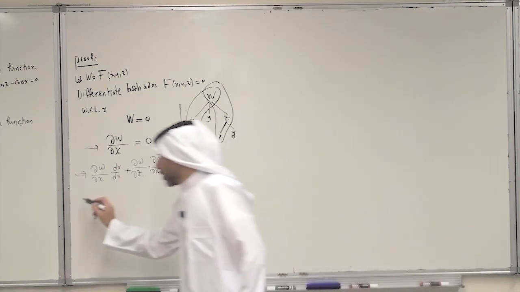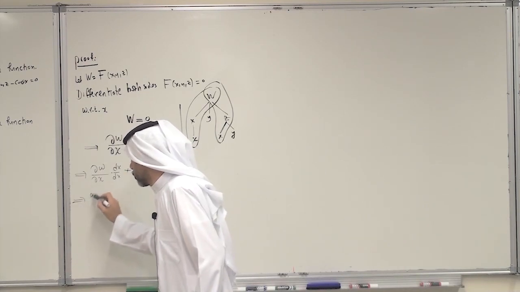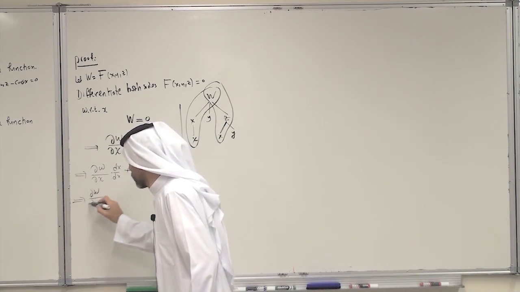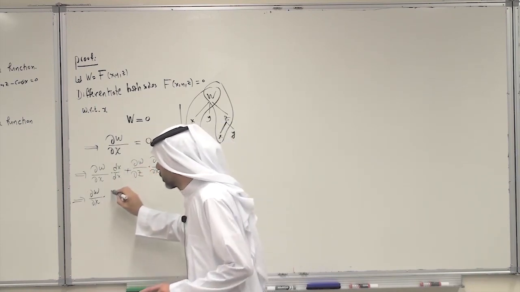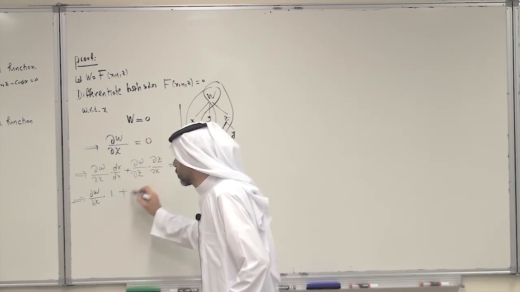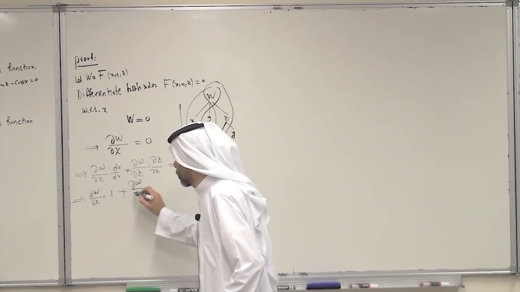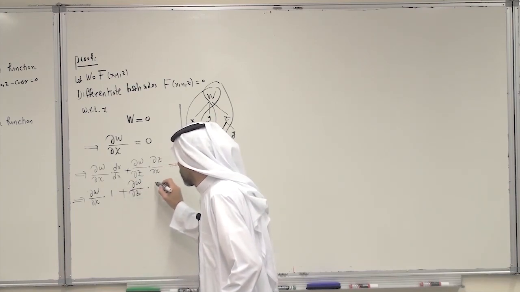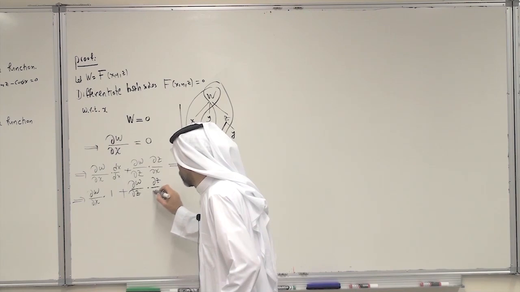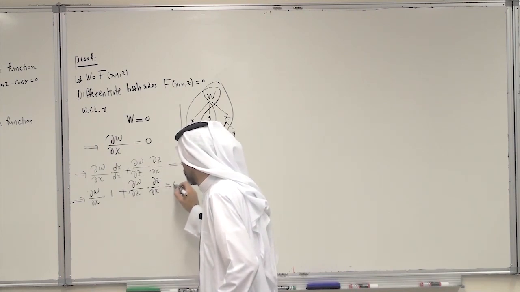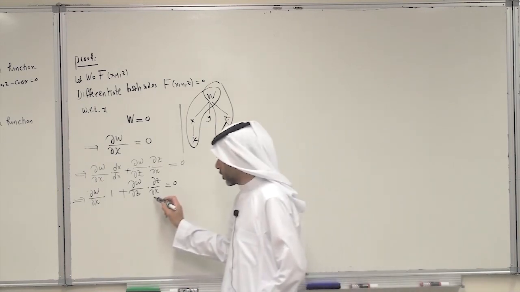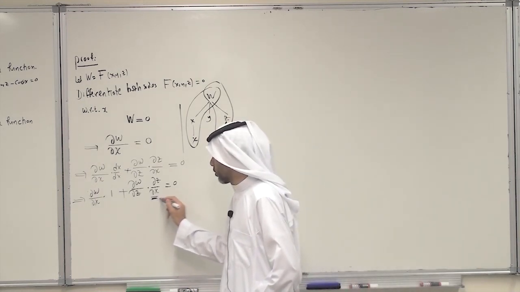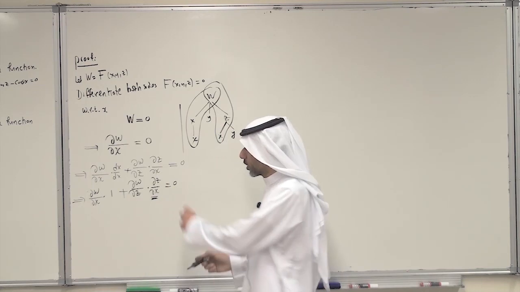Well, this gives us the following. Partial w, partial x, times the derivative of x with respect to x, which is just 1, plus partial w, partial z times partial z, partial x equal to 0. Now I can solve for partial z, partial x, which is what we need.